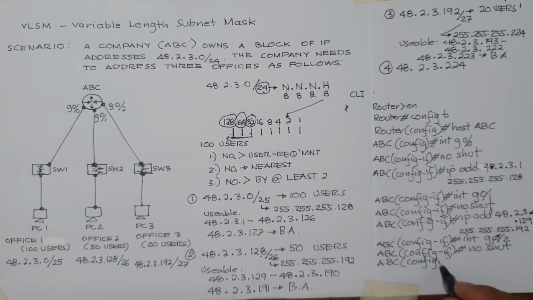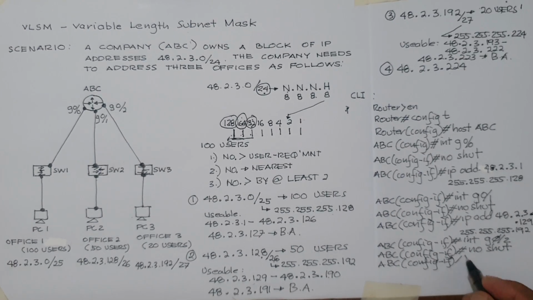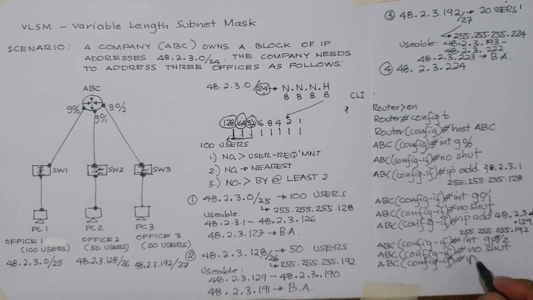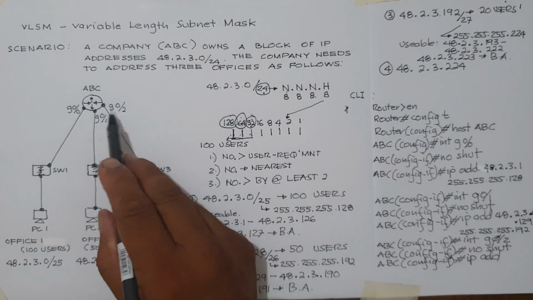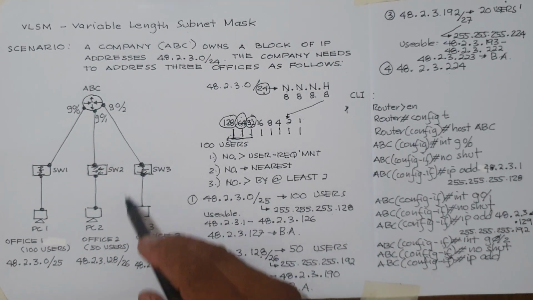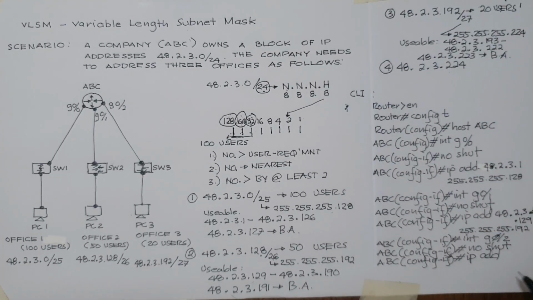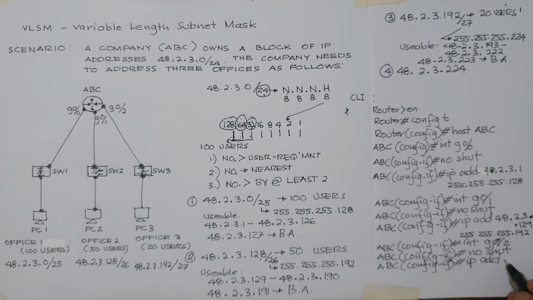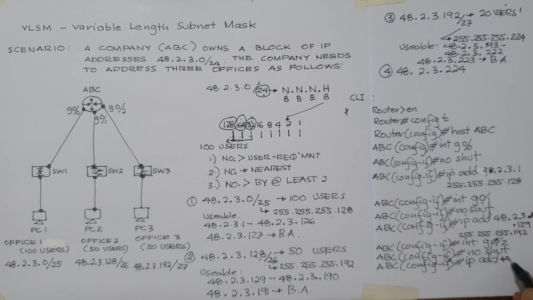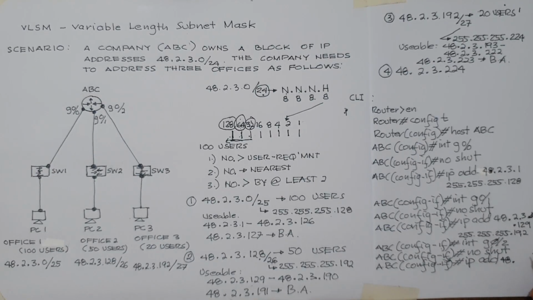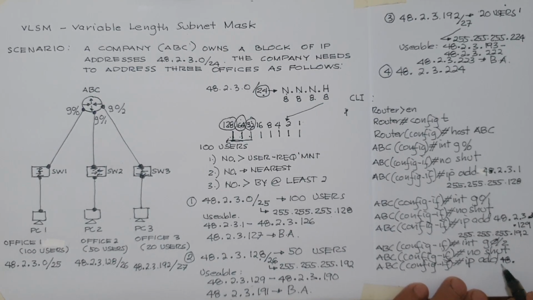In config-if, IP add for G02 should come from the Office 3 here, the first usable. So that will be 48 dot, by the way, there's a space here after add.